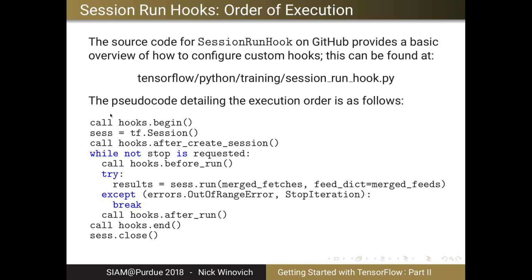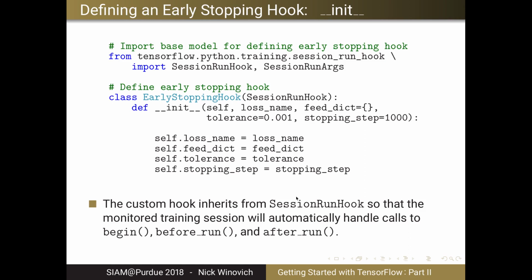There's also an after_create_session, and then while stop is not requested, it will keep calling before_run, trying to get the results, possibly catching an error, and then run after_run. And then there's end, and then the session is closed. So this is the schematic, but we're getting down to the deep implementation details of TensorFlow at this point. And we can relatively easily define this hook to do whatever we want.